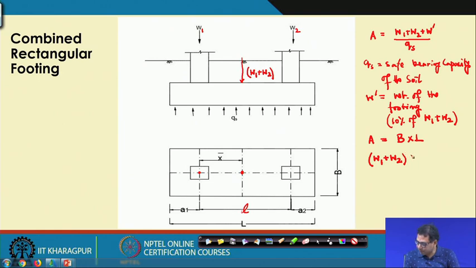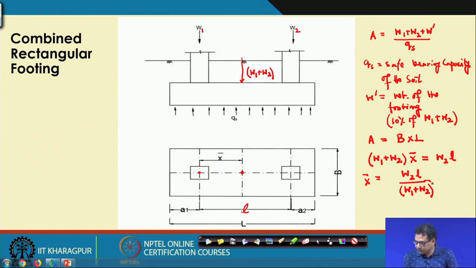So, (W1 plus W2) into x bar will be equal to W2 into L, okay. L is the distance between the two columns. So, my x bar will be equal to W2 into L divided by W1 plus W2.